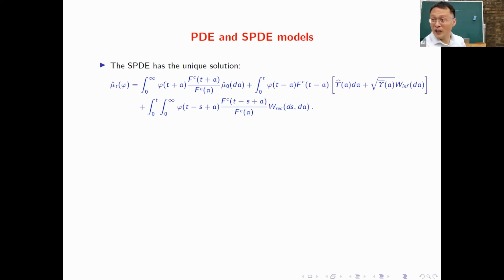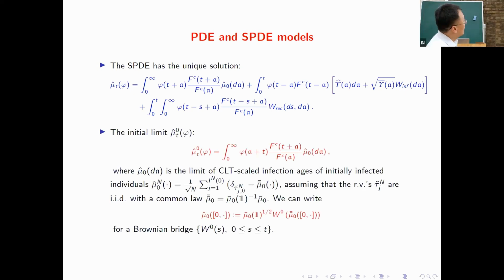This is the recovery white noise, and what is mu hat 0? It comes from the assumption we make on the infection age of the initially infected individuals. We assume they are i.i.d. with a common law, so that this will converge to a time-changed Brownian bridge.